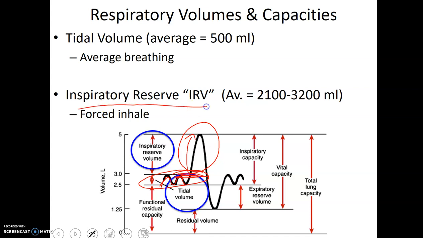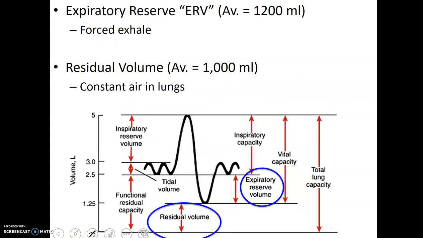Okay, that's called your inspiratory reserve, and that's quite a big number that you can fill your lungs up with. And the more you work out, or you can even do breathing exercises, the more that inspiratory reserve will go up.